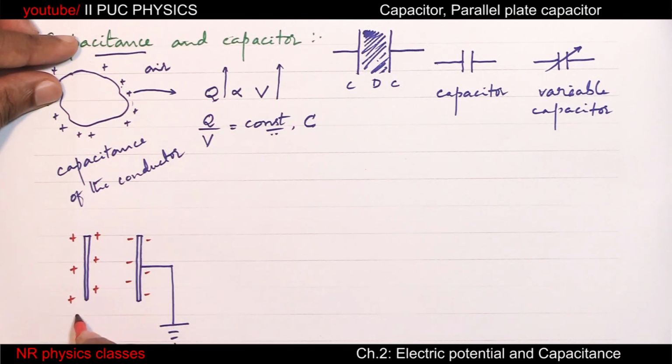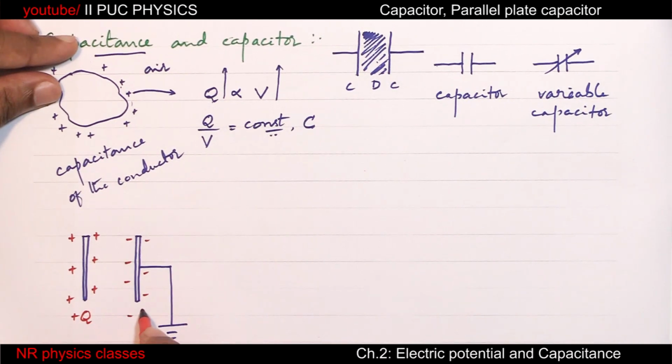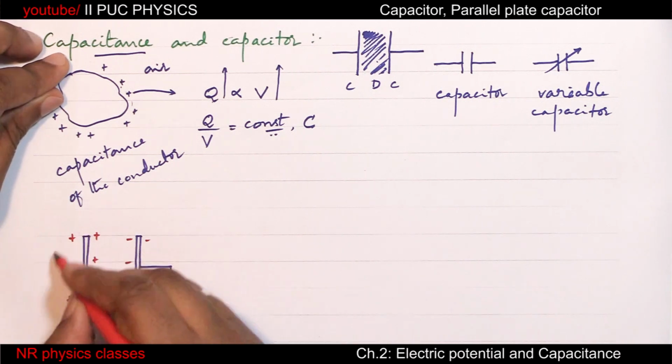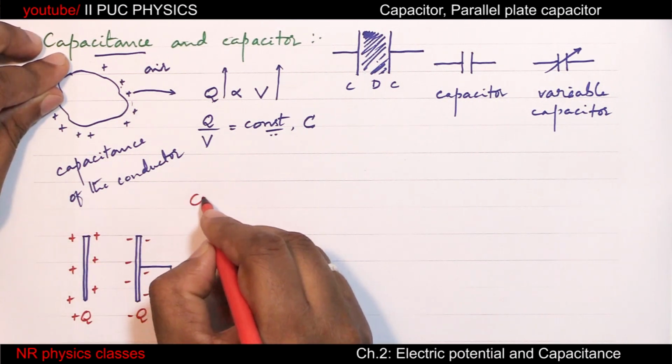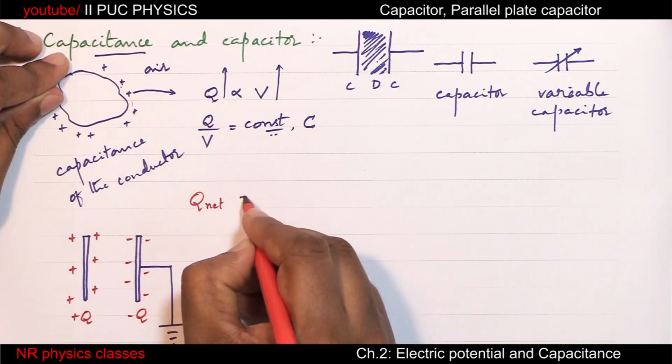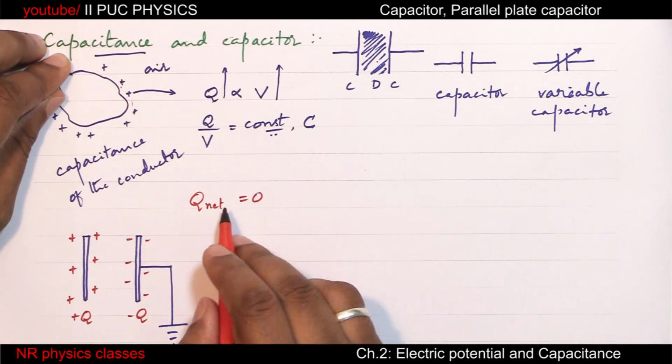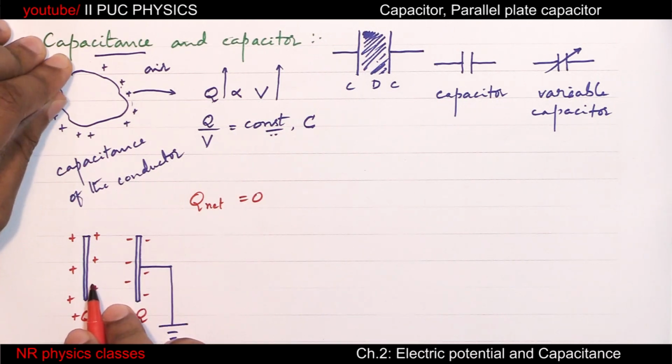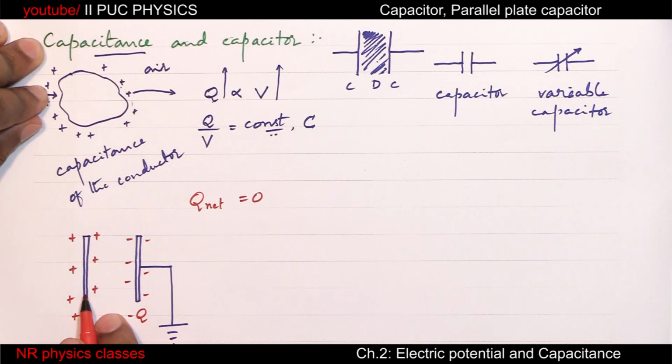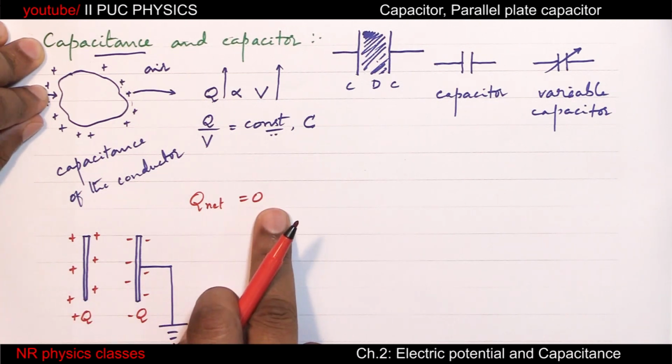That is why we write this as plus Q and this minus Q. Okay. Therefore, net charge in the capacitor is 0. Q net equal to 0. Always charge in a capacitor refers to charge on each plate, because net charge equal to 0.